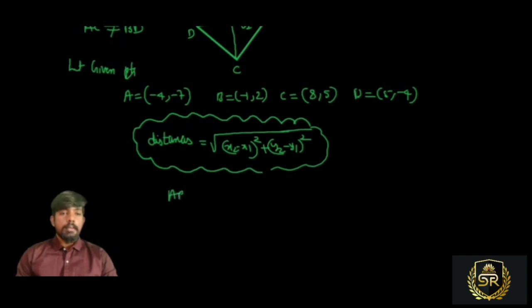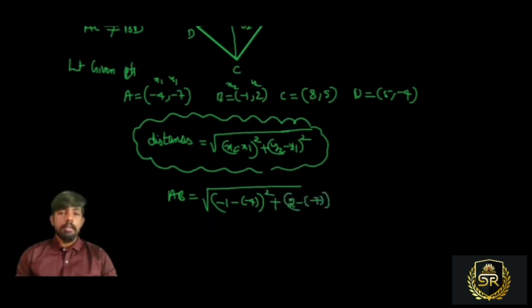So AB equals root over x2 minus x1. This is x1, this is y1, this is x2, this is y2. x2 minus x1: minus 1 minus of minus 4 whole square, plus y2 minus y1: 2 minus of minus 7 whole square.